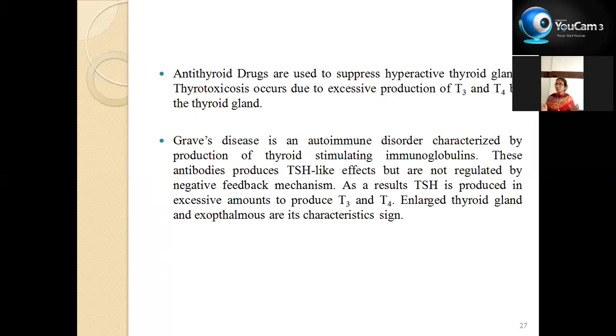As a result, TSH-like stimulation is excessive, producing excess T3 and T4. An enlarged thyroid gland and exophthalmos are its characteristic signs. So hyperthyroidism means it will release more thyroid hormone than we require, which is dangerous. To avoid this, we use antithyroid drugs to suppress the hyperactive thyroid gland and reduce the production of T3 and T4.